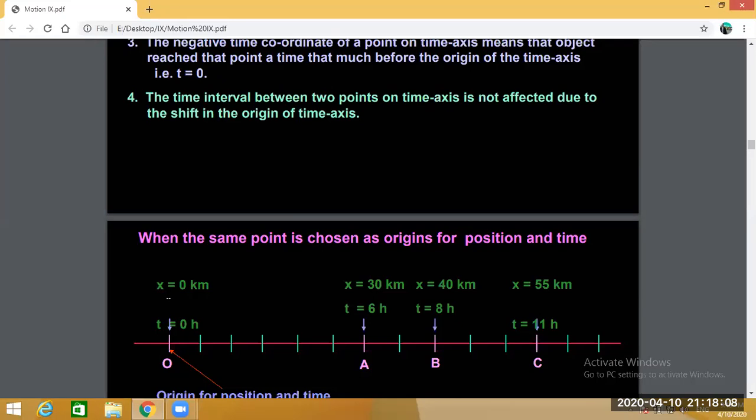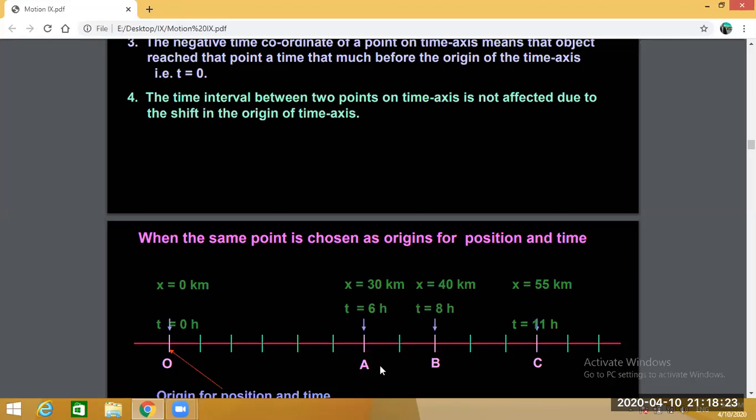In that case, at origin, position will be 0 kilometer and time will be 0 hour at this location. But as soon as we move forward in this way, time and position both will change.